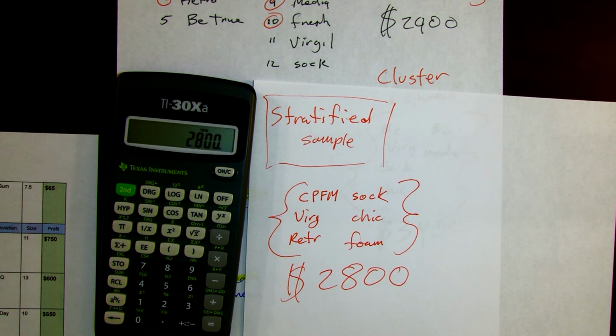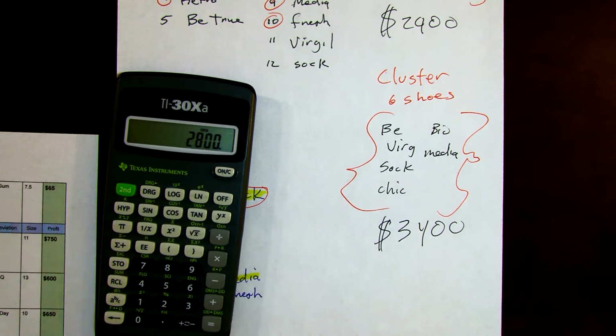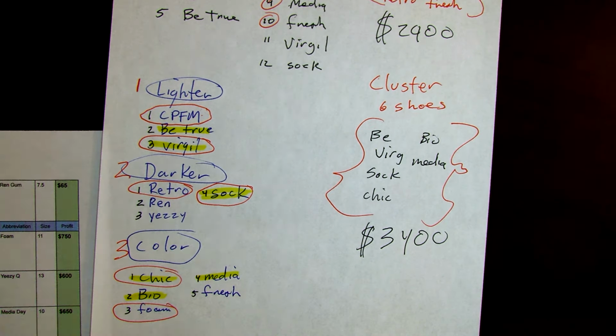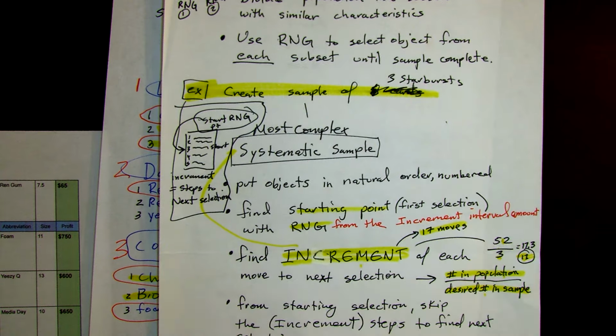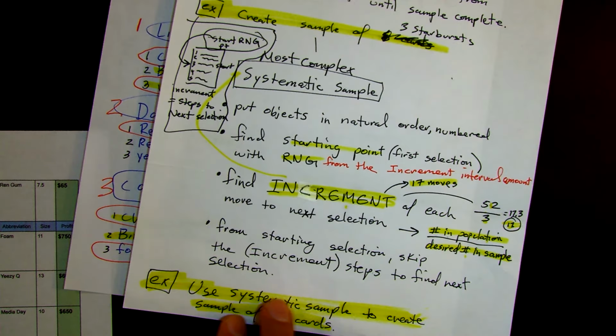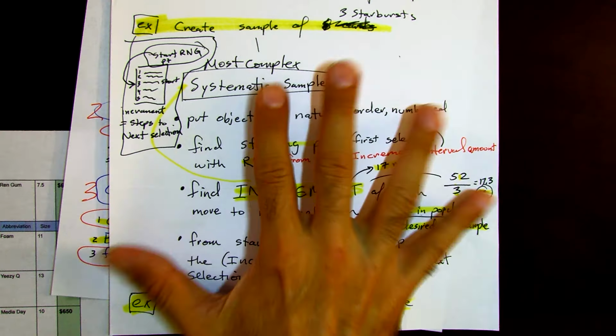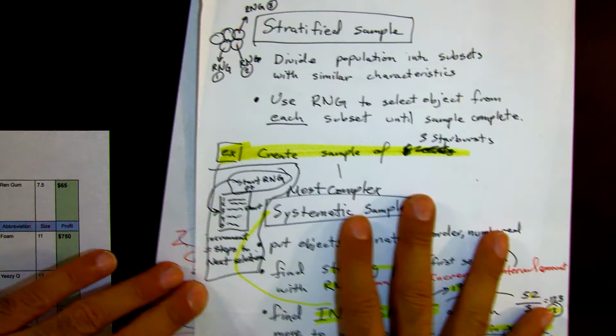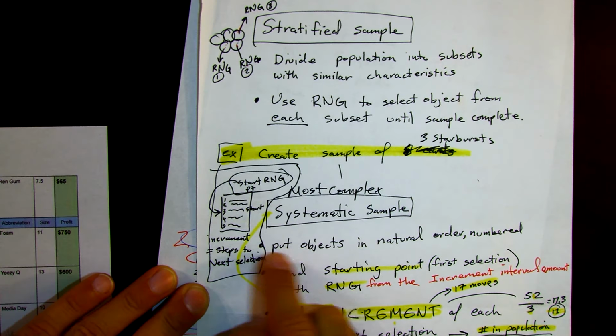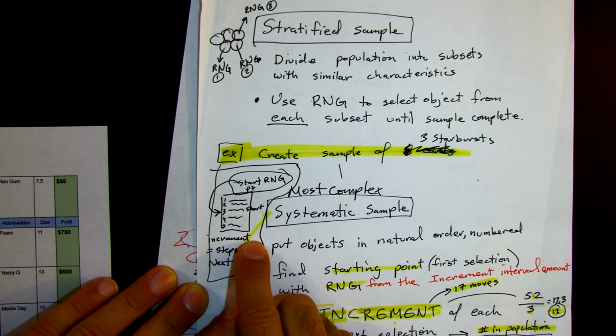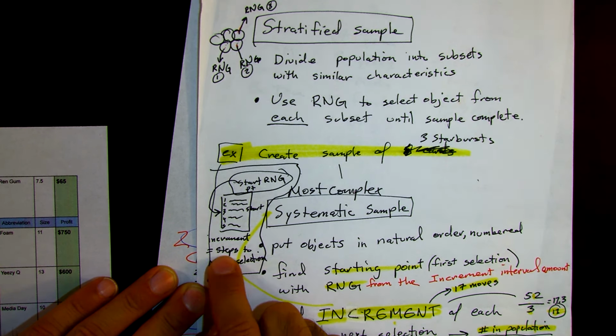And just remember what the increment is for a second. It's the number in the population. The population is all your shoes. All your shoes are your population, and we got 12. So the increment is going to be 12 over the desired number in your sample. How many shoes are we picking?